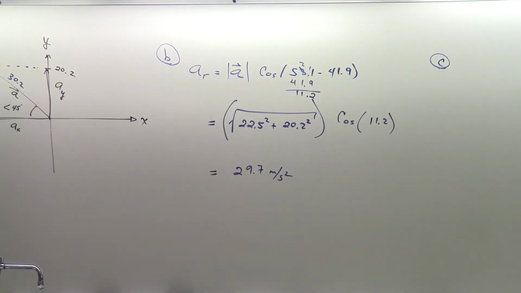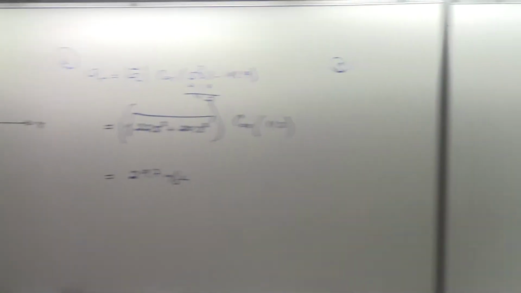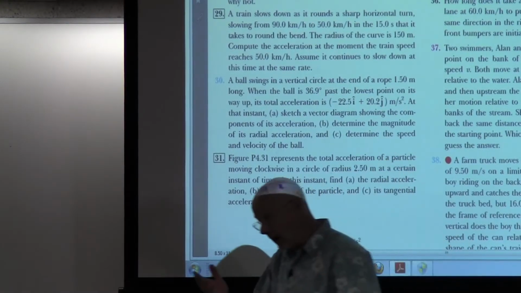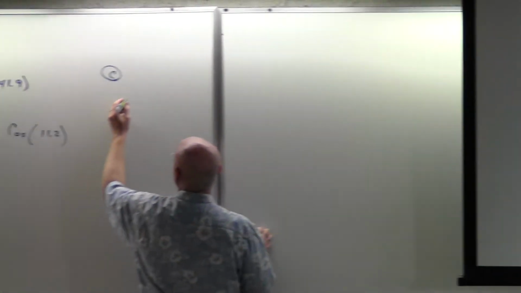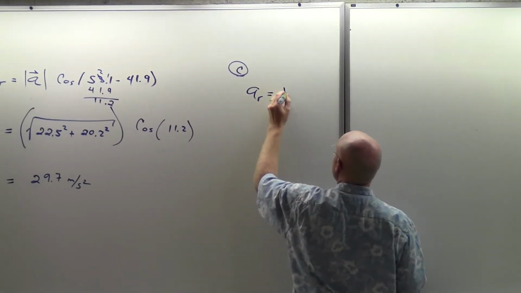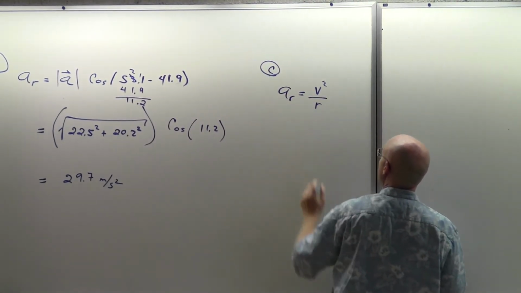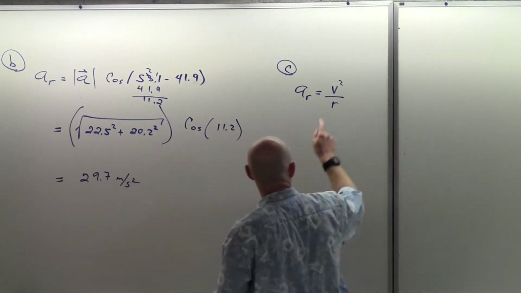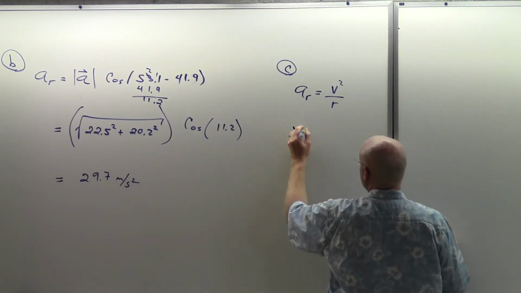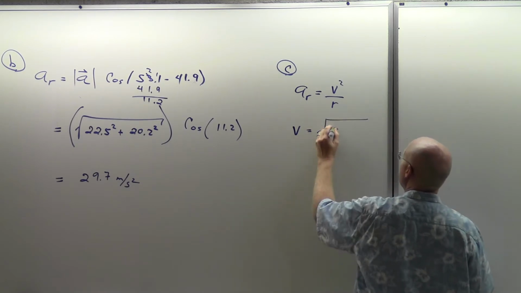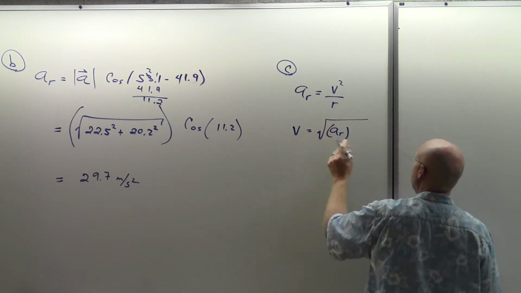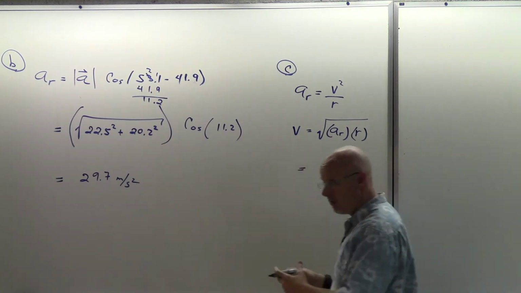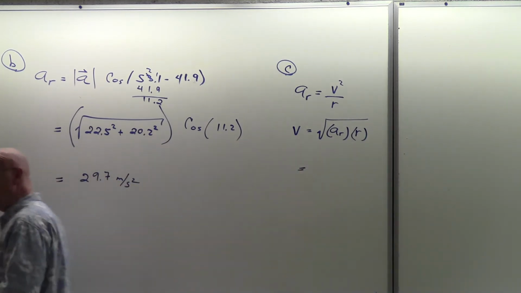C goes on to then say, from this, can you determine the speed and the velocity of the ball? Well, that was our whole discussion. We know that the radial part is equal to the speed squared divided by its radius. We just got the radial part. We also know the radius. So V equals the square root of the radial part of the acceleration times R. And that's why it was so important for us to figure out the radial part.